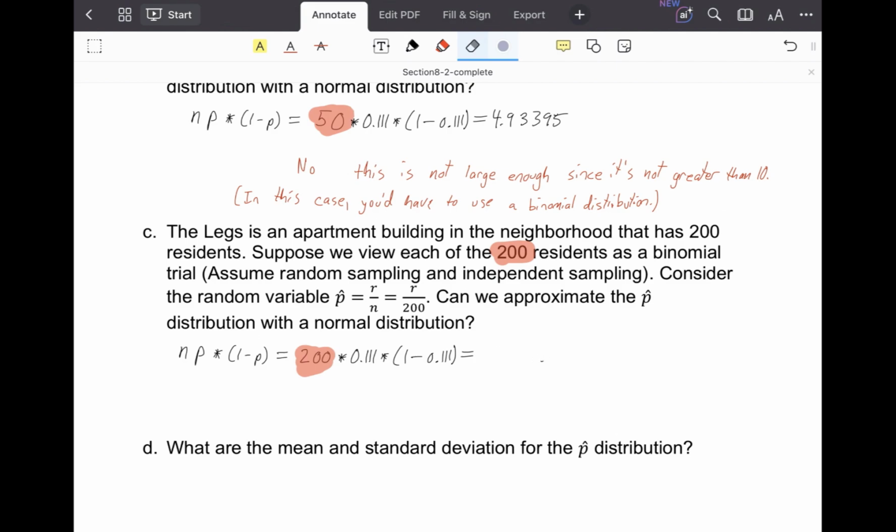Do that multiplication. And in this case, it gives us 19.7358.